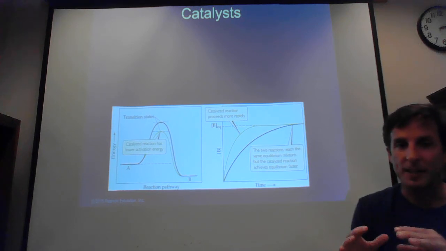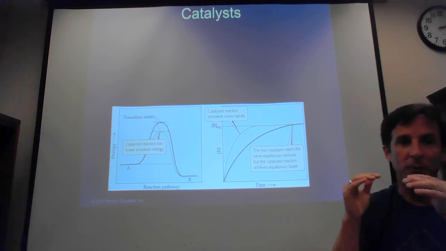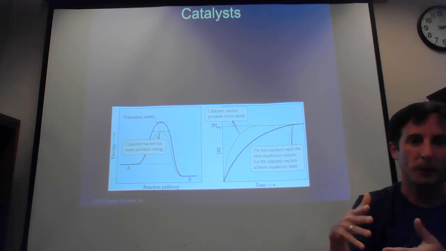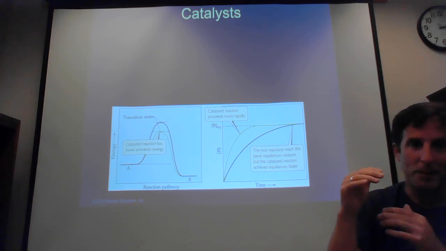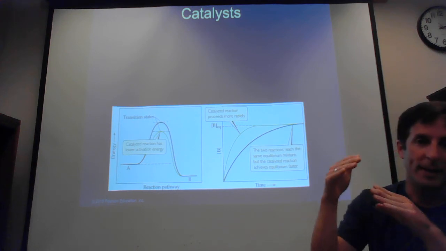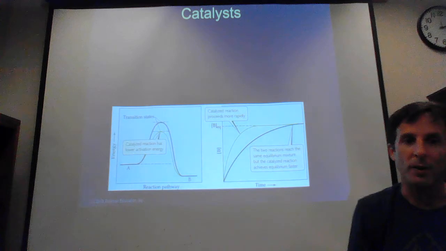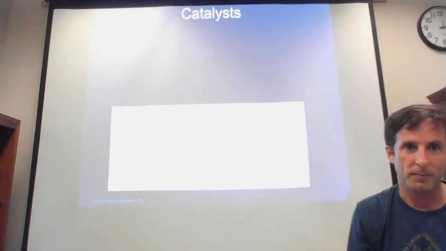All those things that I just said, what they do is they change one of the numbers in the ratio. If the ratio of products to reactants doesn't equal the equilibrium constant, if something we do messes up that ratio, the reaction is going to try to get back to the ratio. It doesn't actually change what the ideal ratio is, though. K stays the same. Okay?